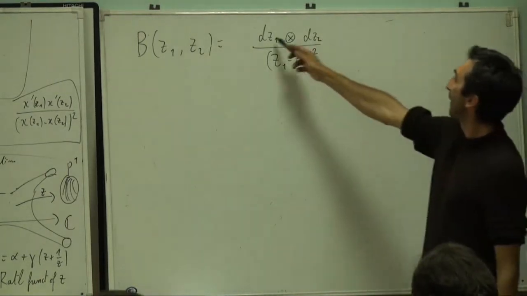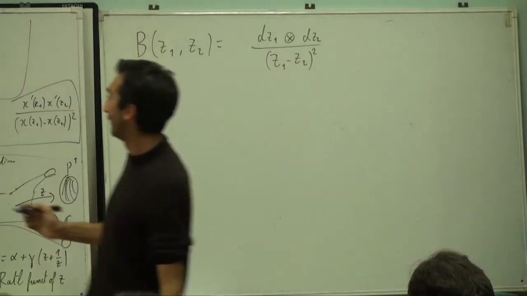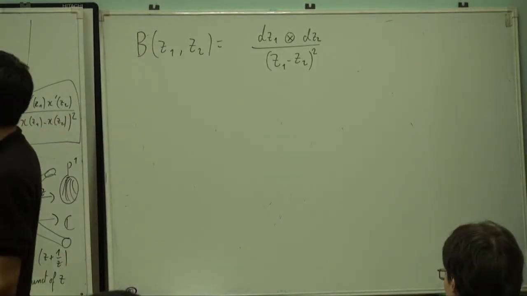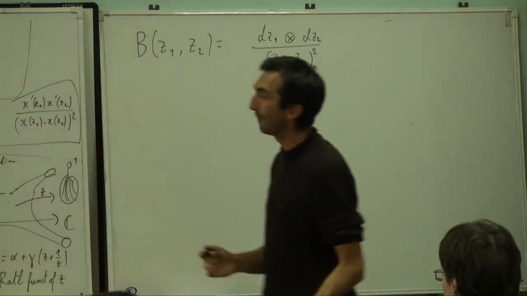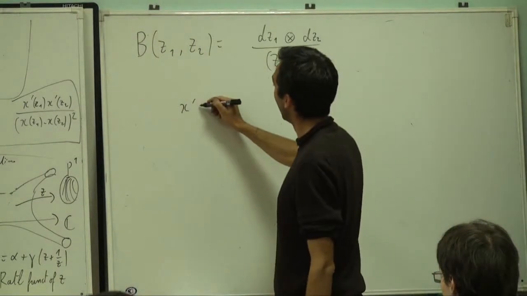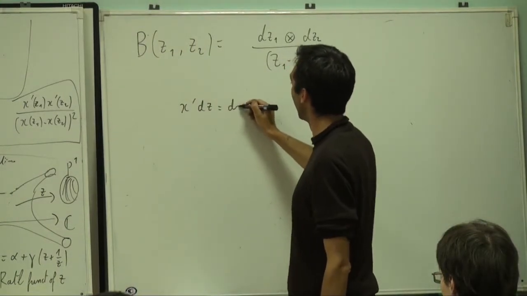You see why we multiply by dz1, dz2 is that here we have this x prime, and it's natural to multiply it by dz1 because then it becomes a dx. Well, x prime dz equals dx.